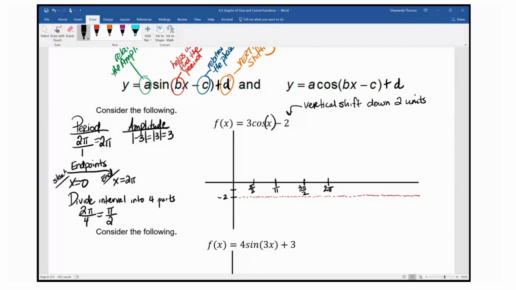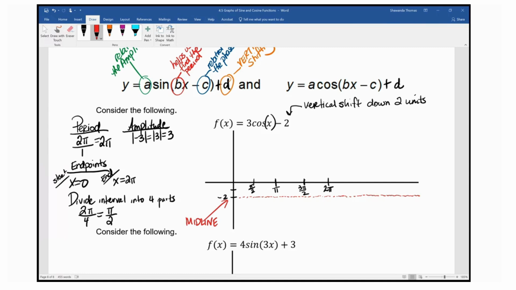But we're not going to put our points on the x-axis anymore. We got to put our points on that. We're going to call it the midline. This is our midline, right? This is where we're going to place our, we used to call them x-intercepts, but we're not going to call them x-intercepts anymore. They're not on the x-axis. All right, but it does still follow what we know about cosine.